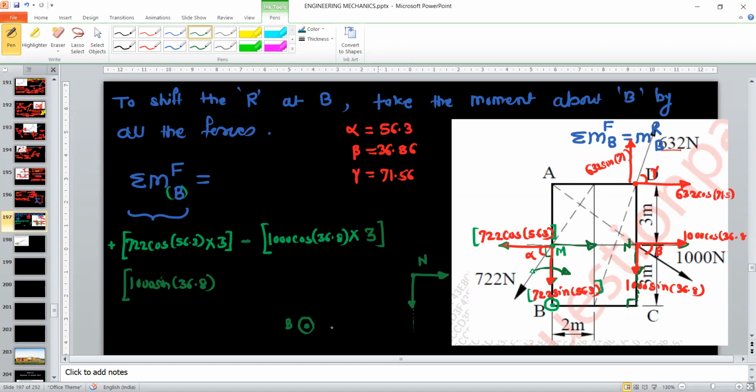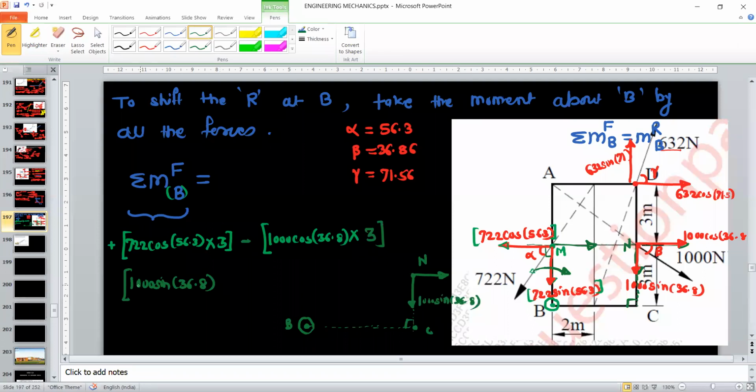So just extend the line of action. From point B, draw the perpendicular. So this point is given as point C. So BC is directly the perpendicular distance from point B for the component 1000 sine 36.8.